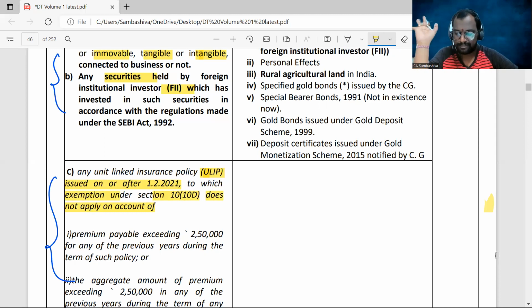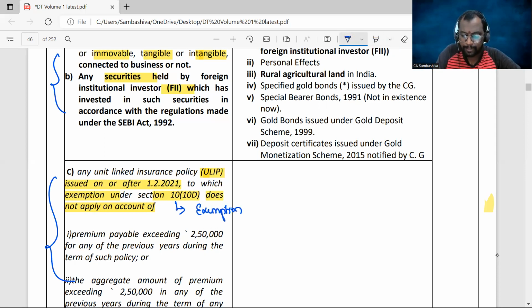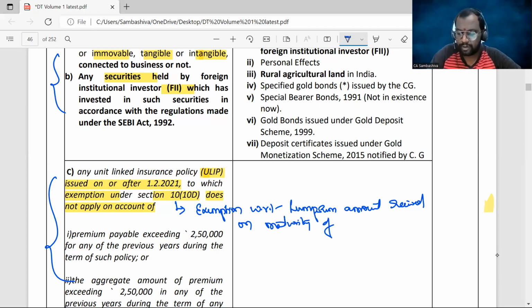Now, what is the 10(10D) exemption? 10(10D) explains the exemption with respect to the lump sum amount received on maturity of the policy, right, sir?